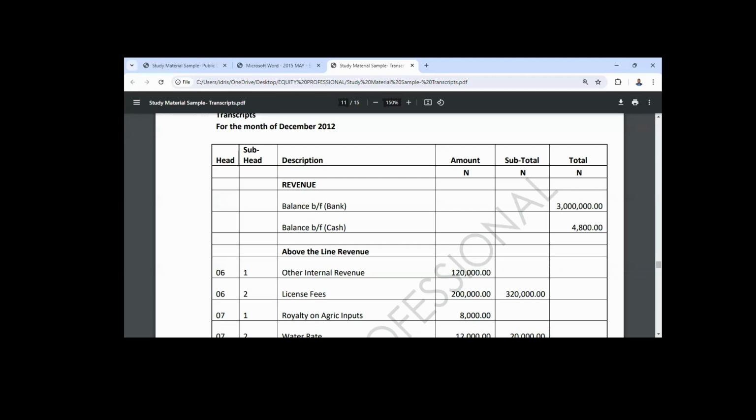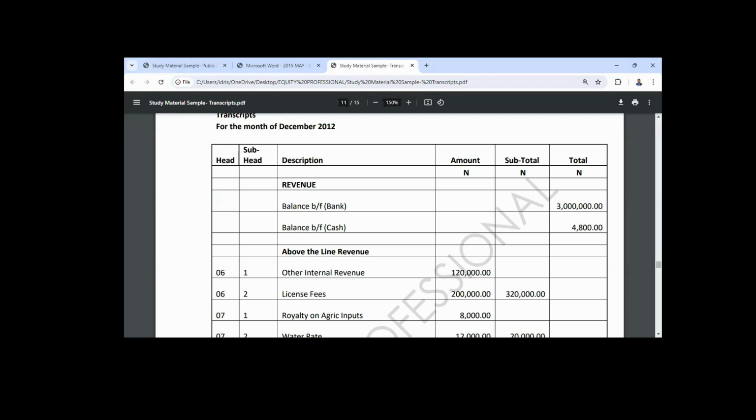Cash transactions and bank transactions are going to be posted together. We don't prepare a transcript for cash separately and a transcript for bank account separately. No. We prepare one transcript for both cash transactions and bank transactions. Hope your question is answered.